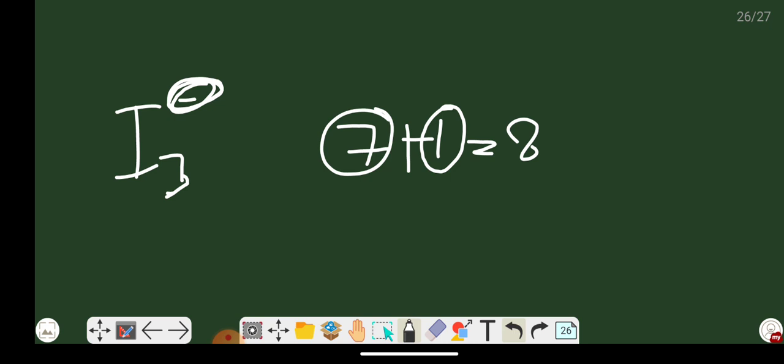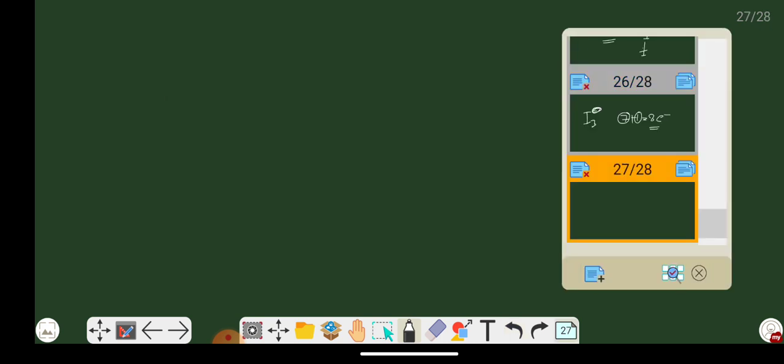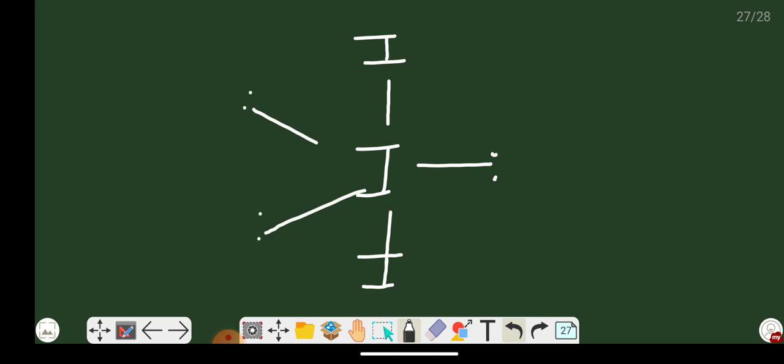Here we have a minus sign, so total 8 electrons. So one electron forms a bond with one I, another electron forms a bond with another I. Now we have the remaining 6 electrons, so one lone pair here, one lone pair here, and one lone pair here.